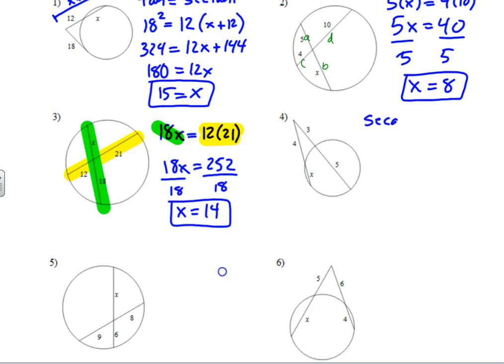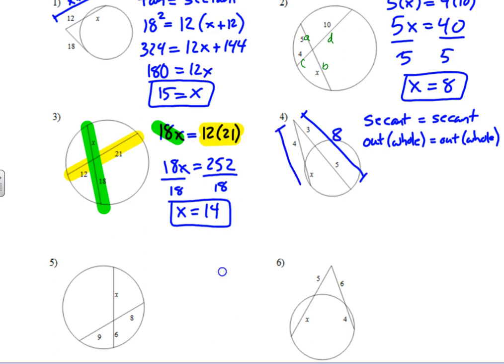All right, so number 4, what do we have going on? Well, we've got a secant and we've got another secant. So what's the relationship with two secants? It's the outside times the whole length equals the outside times the whole length. So let's figure out what the whole length is first here. In this case, it would be 8. In this case, it would be 4 plus x, or x plus 4.